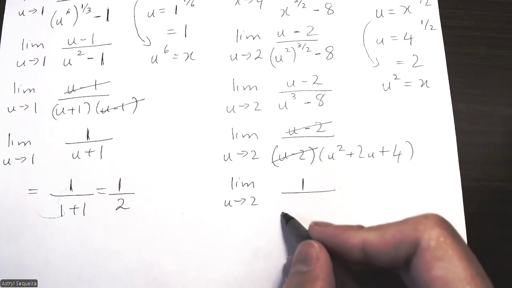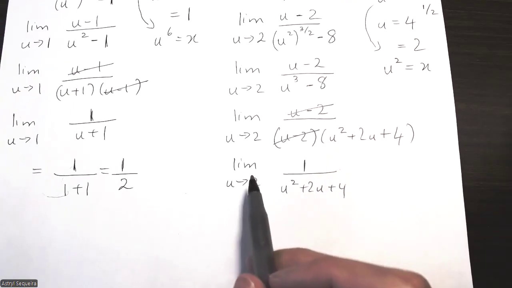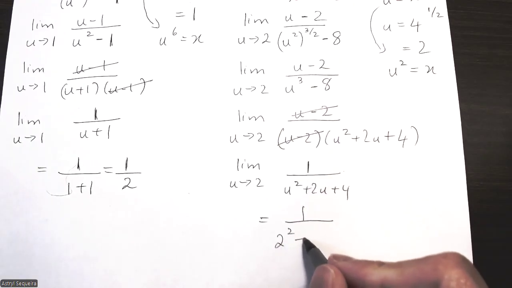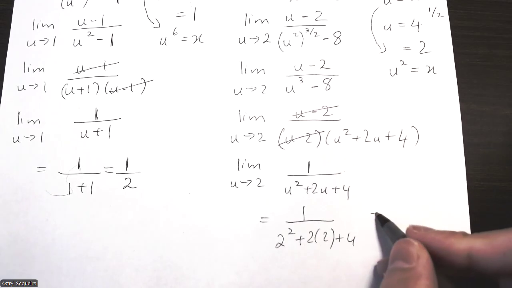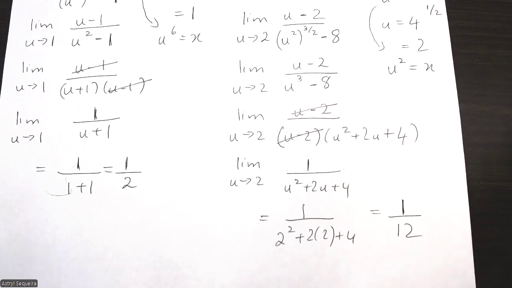So now I'm just left with 1 over u squared plus 2u plus 4. And then finally, I can just sub in my limit. So 1 over 2 squared plus 2 times 2 plus 4, which is just 1 over 12. And that would be my solution to this second question.